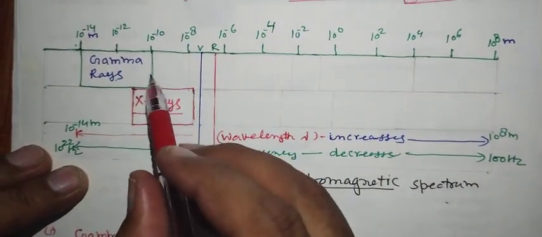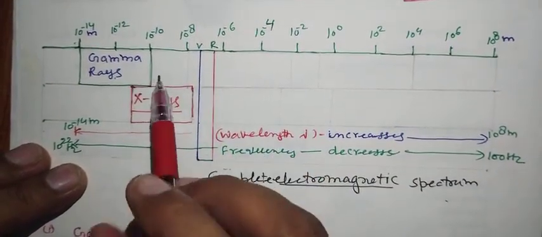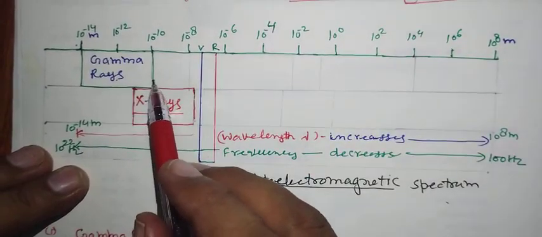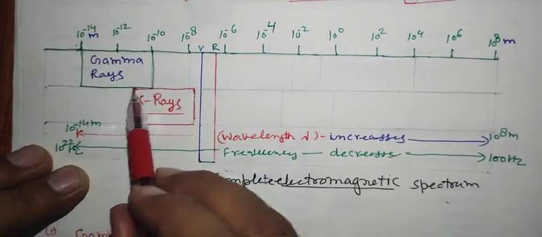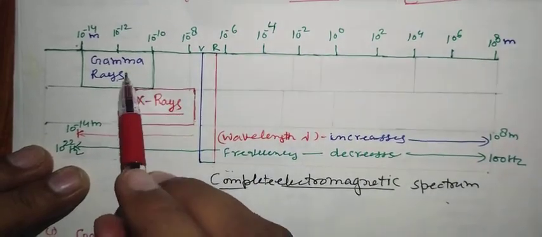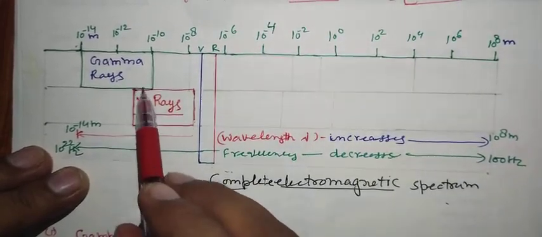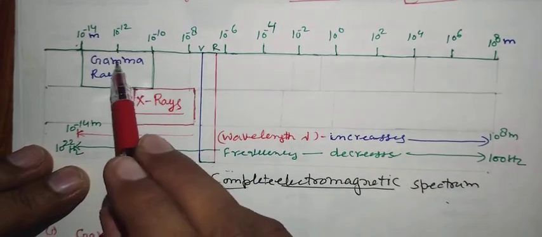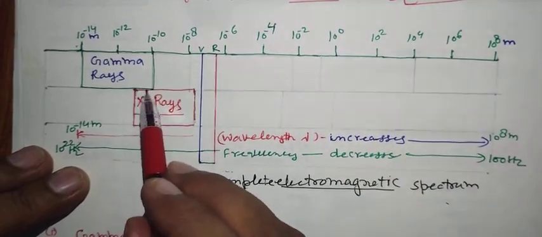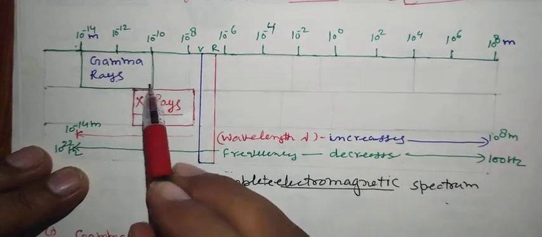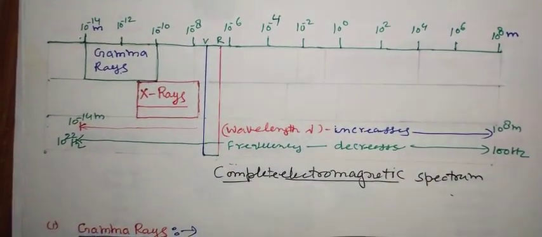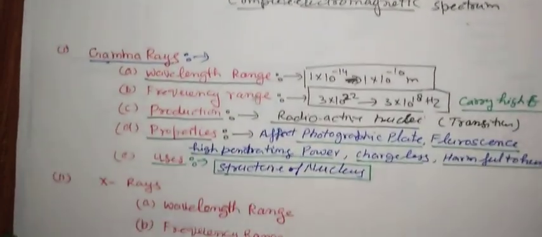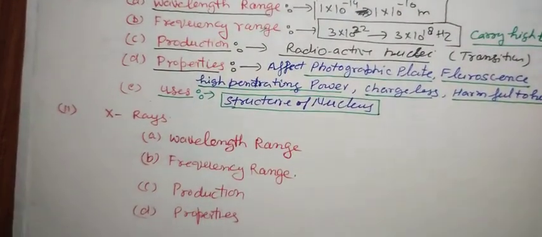Very important: we are dividing by name on a scale of wavelength and frequency, but there is no clear boundary between these two electromagnetic rays. Gamma rays and X-rays are an intermingling part. No clear cut boundary, but a range is given. Let us see X-rays in detail.